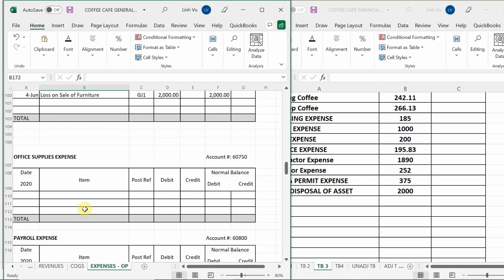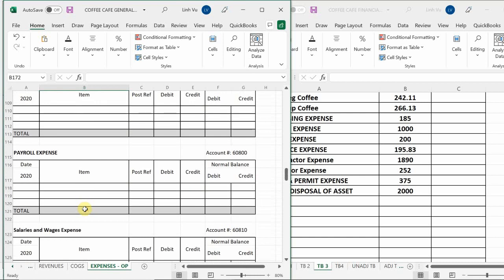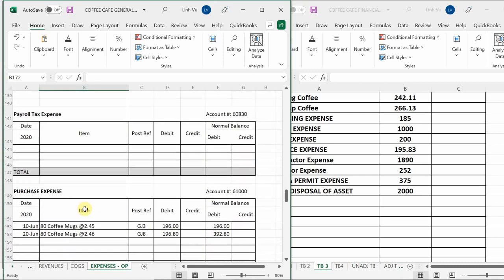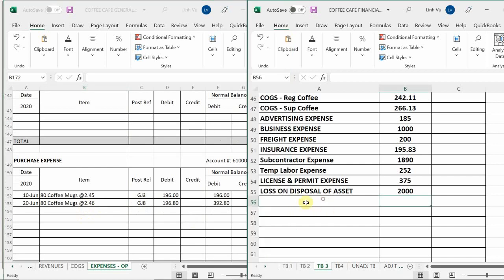We haven't just adjusted our office supplies yet, so nothing there. We haven't done payroll yet, so nothing there. Purchase expense. For 392.80.